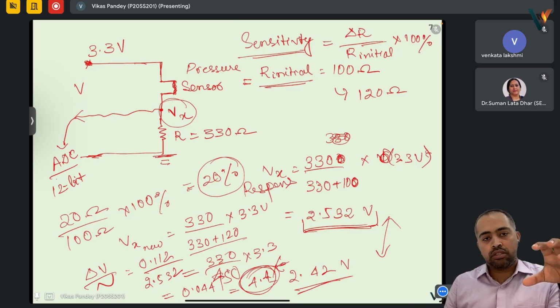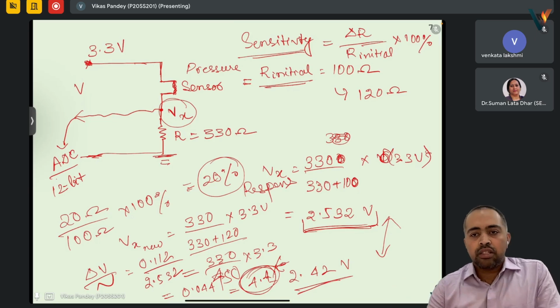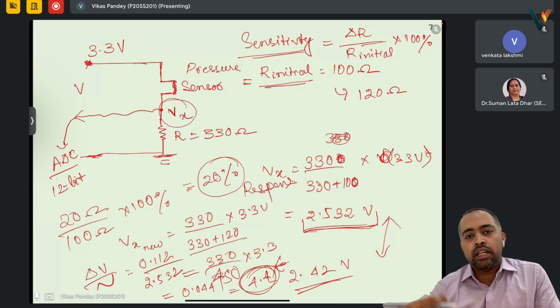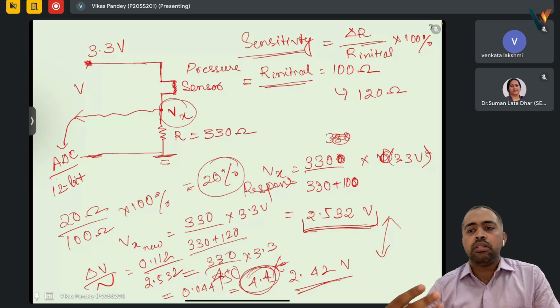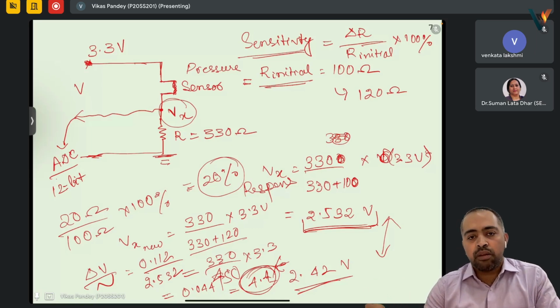Based on such calculations, we can very easily implement a piezoresistive sensor compared to piezocapacitive, since measurement of capacitance in simple DC circuits is still a problem. We'll need an AC circuit, and in electronics, dealing with RLC circuits is much more difficult and complex compared to simple DC circuits where only the resistance component is there.